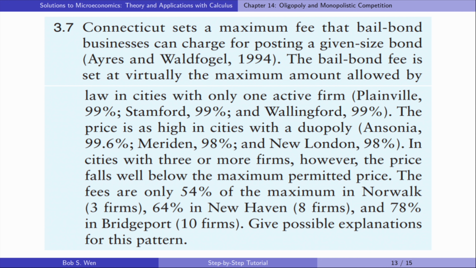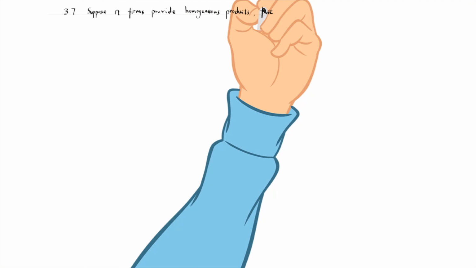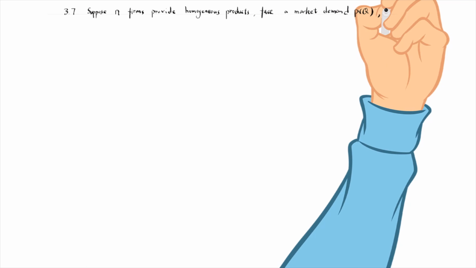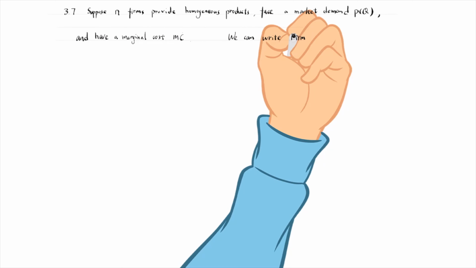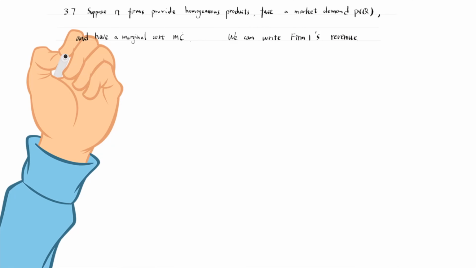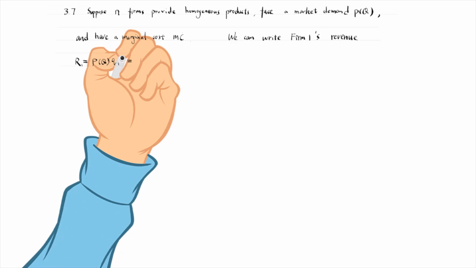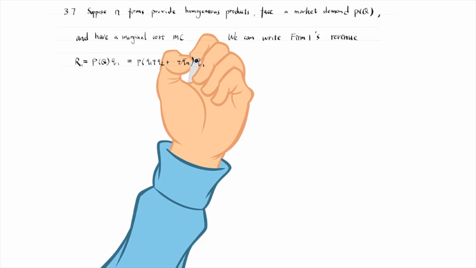We can use math to show it. Suppose n identical firms face a market demand P(Q) and have a marginal cost MC. We can write firm 1's revenue R1, which equals P times Q1.